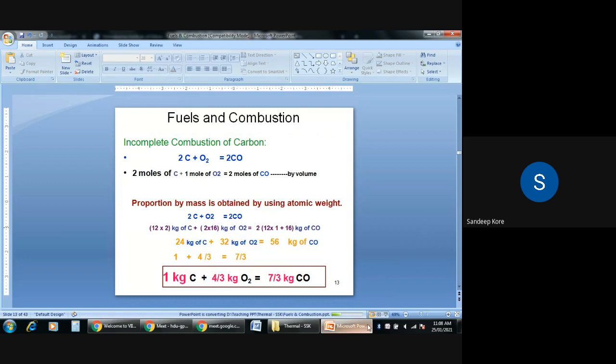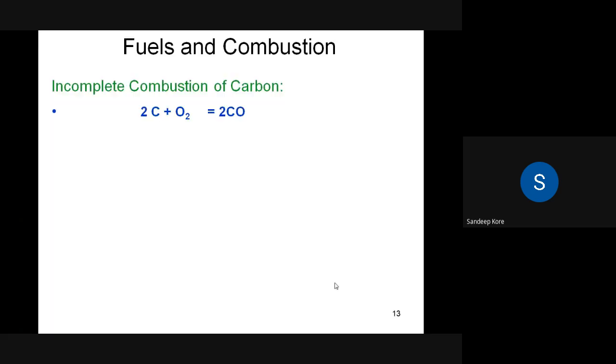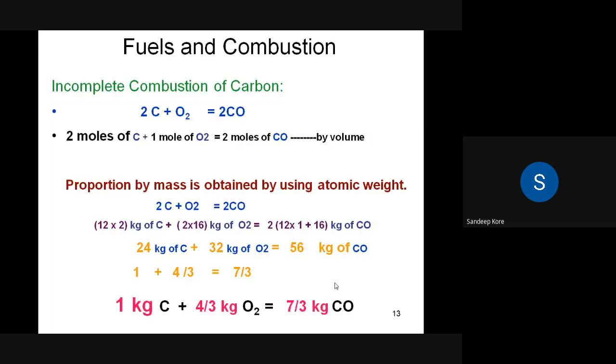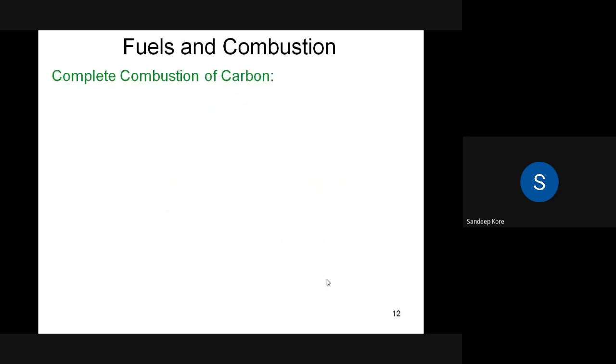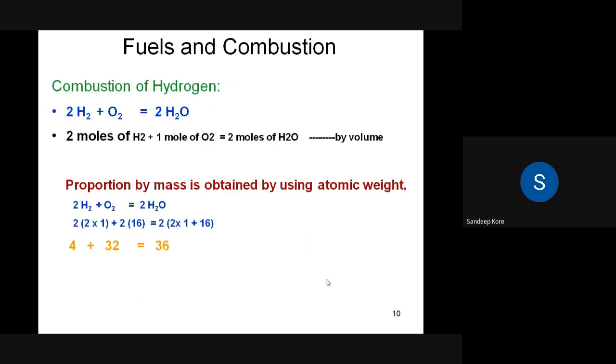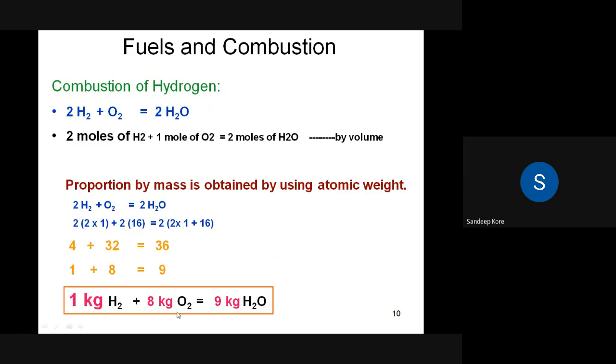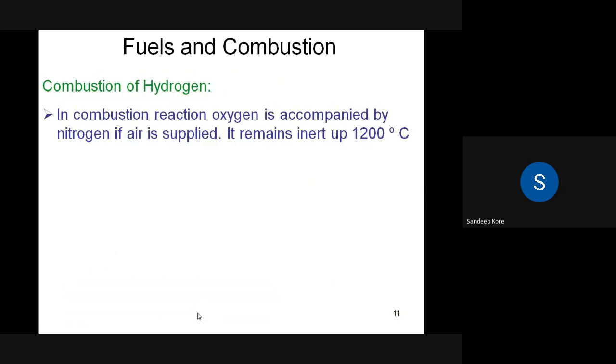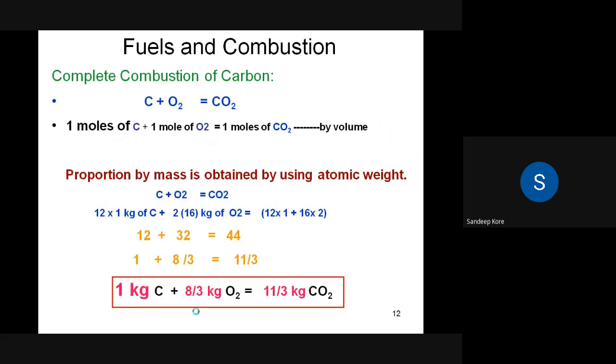So it's an incomplete combustion, so it is going to form carbon monoxide. Okay. So 1 kg of carbon requires 4 by 3 kg of oxygen to form 7 by 3 kg of CO. So in the previous case, we have seen for a complete combustion, we need 8 by 3 kg of oxygen for carbon.